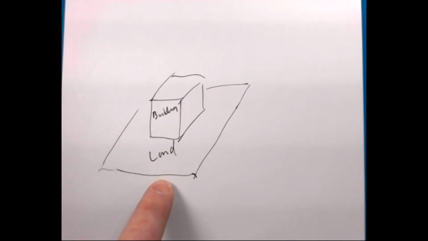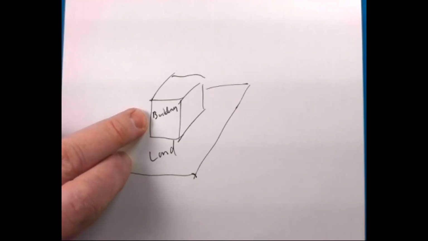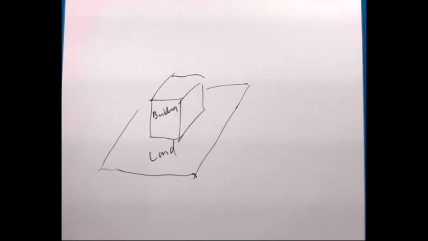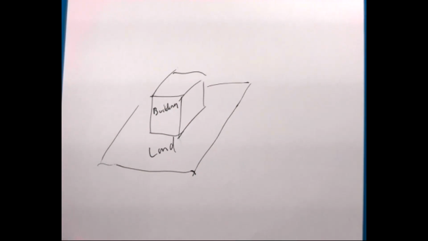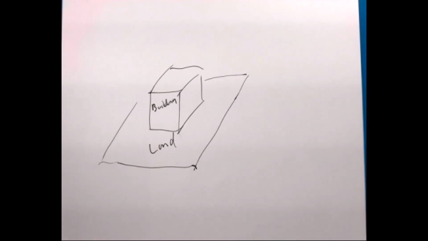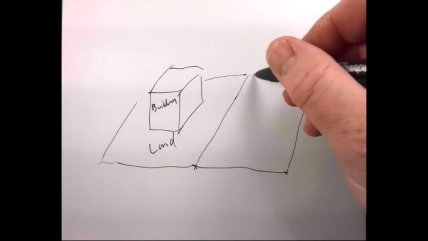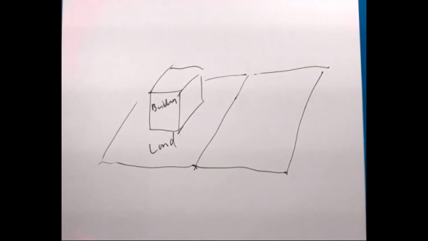So building and land, we'll find out later, they go in property, plant, equipment. We'll separate those out. Usually you buy the land and there has to be a building sitting on it. That's kind of the way real estate works. But let's say that the land next to it comes up for sale, and you say, well, I better buy that because I might need it in the future.